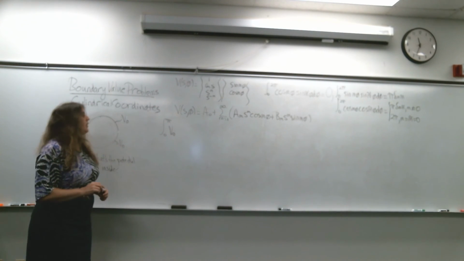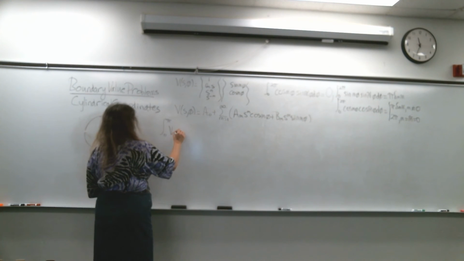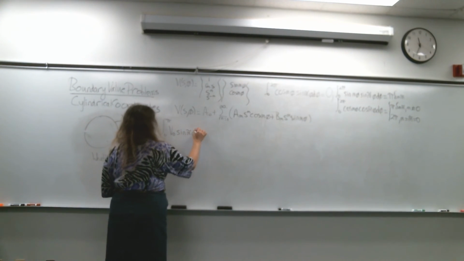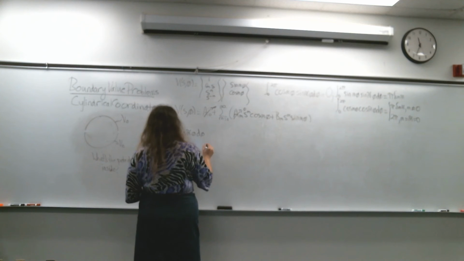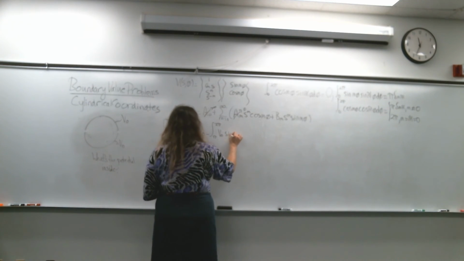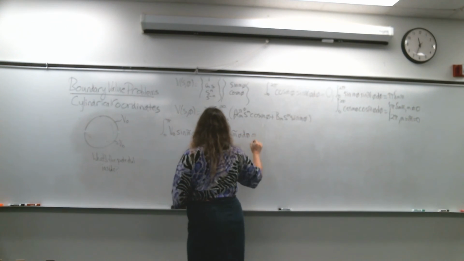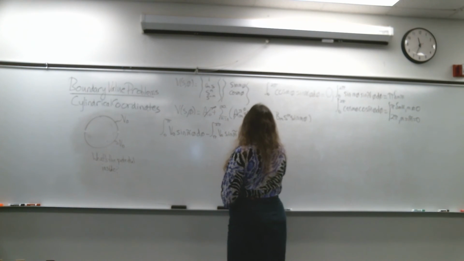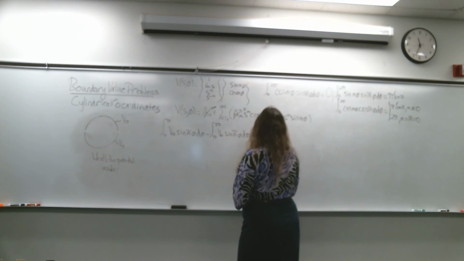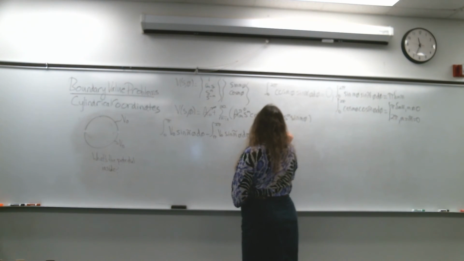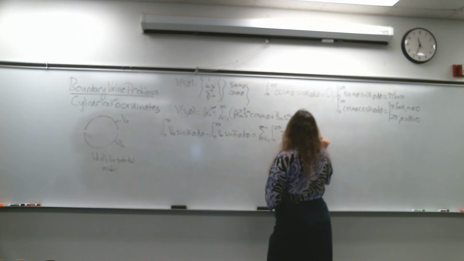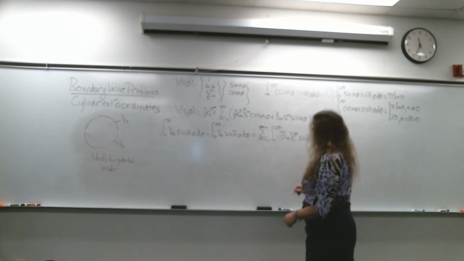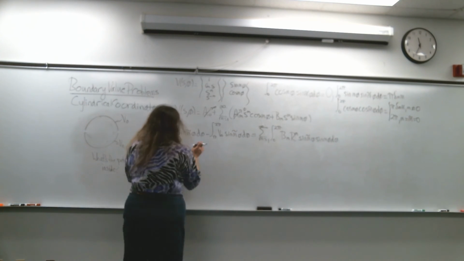Now I'm going to multiply through by sine m tilde phi. Okay, so on the left-hand side, we've got a sum of 2 terms.